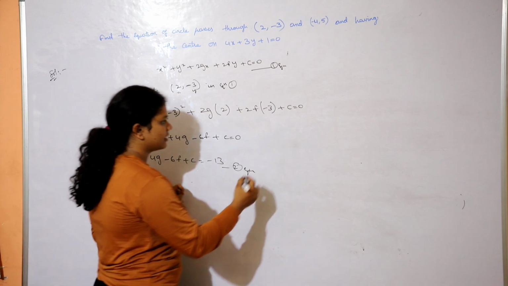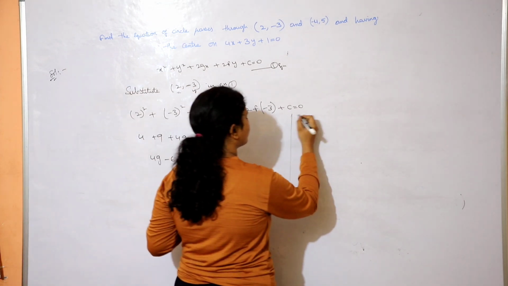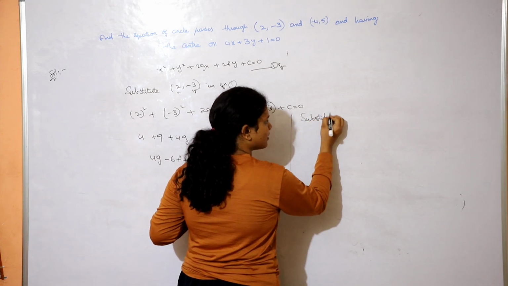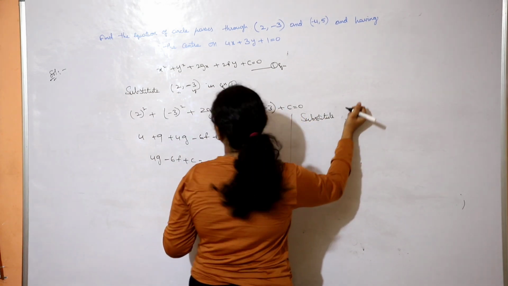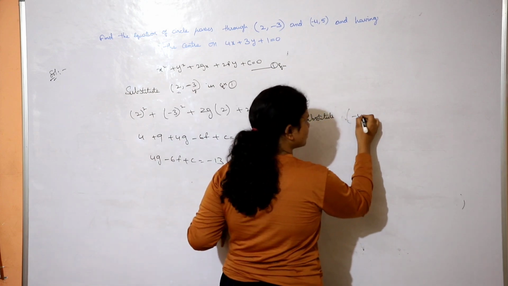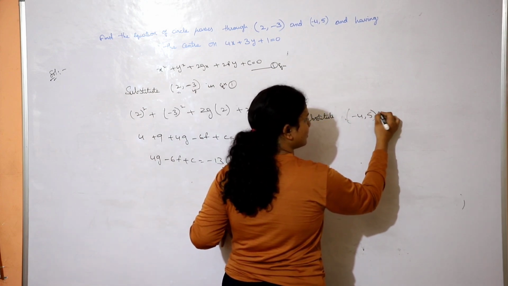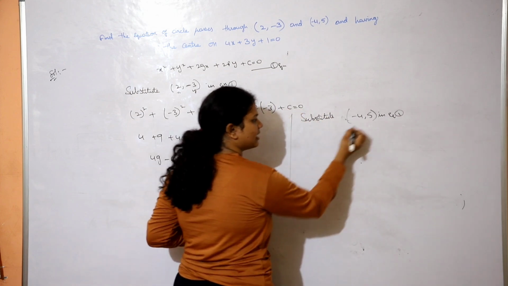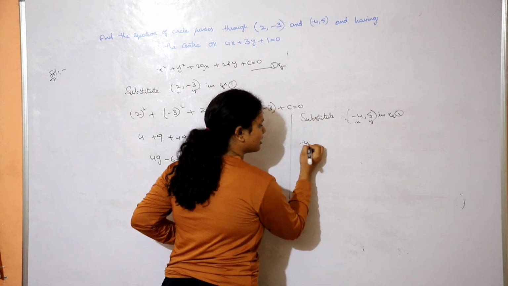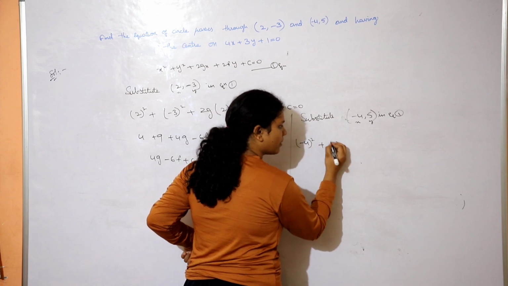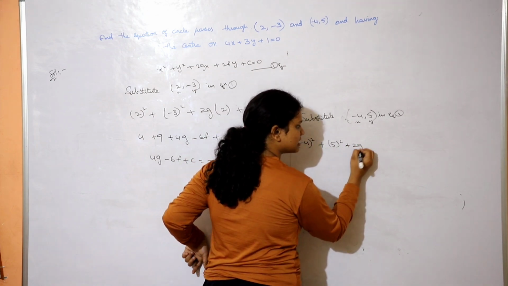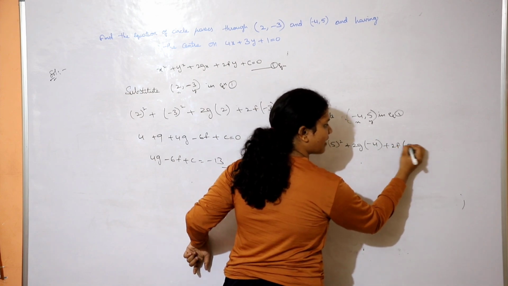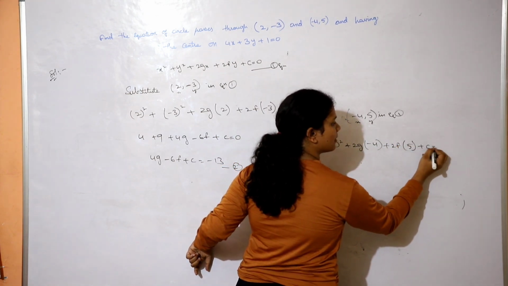Alright, now let's go for the next one. Substitute the point minus 4 comma 5 in equation 1, same as it is. Let this be x and let this be y. So minus 4 whole square plus 5 square plus 2g times minus 4 plus 2f times 5 plus c equal to 0.